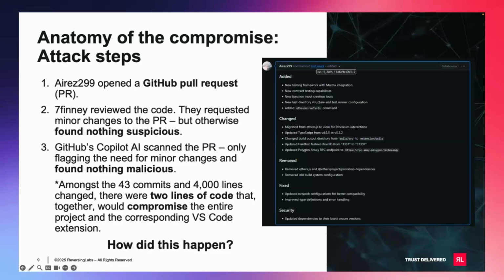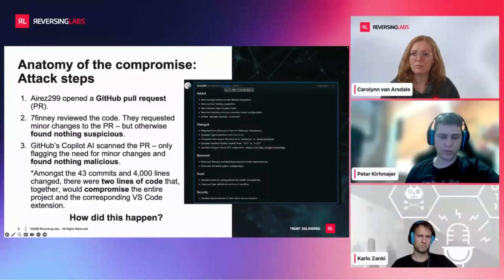When this pull request was opened, the reviewers, the maintainers, actually Seven Finney, reviewed this package and found nothing suspicious. They just requested some minor improvements to be made, and that's what the tracked actor did.